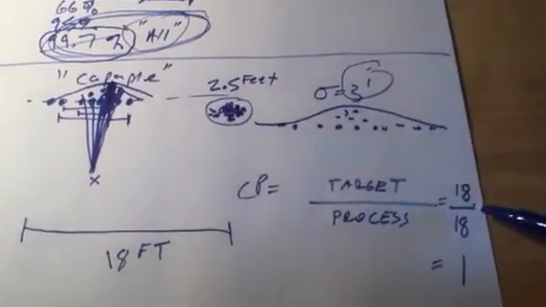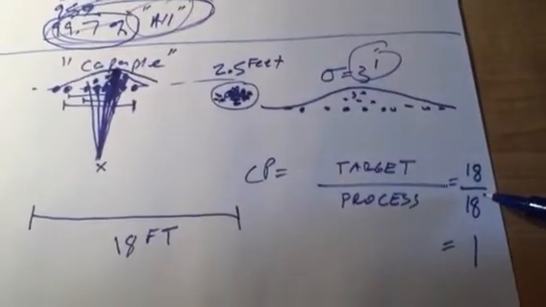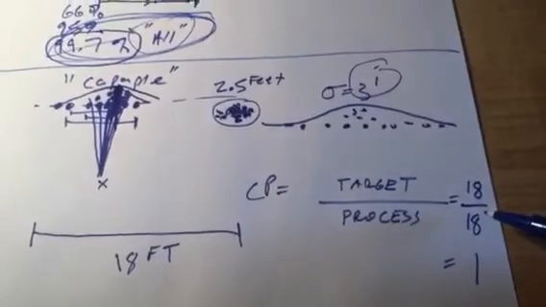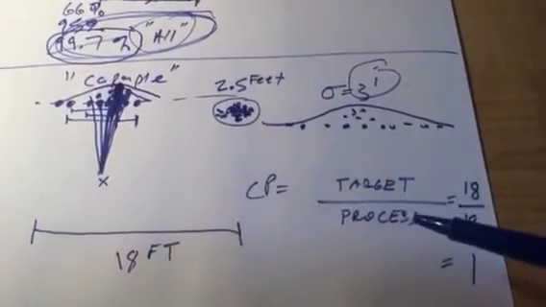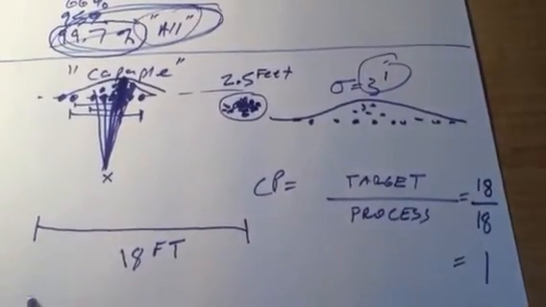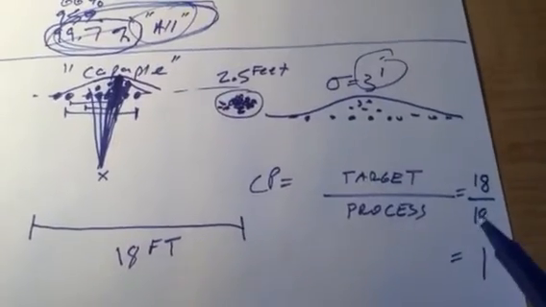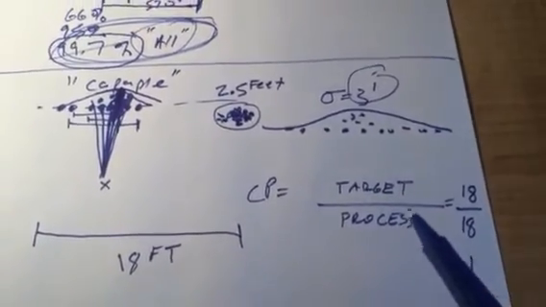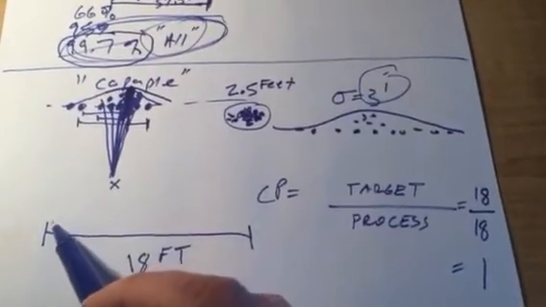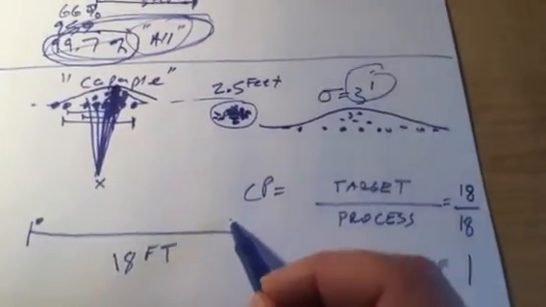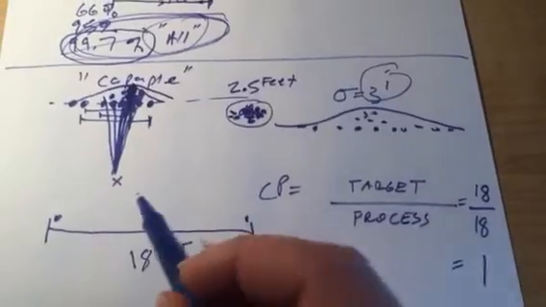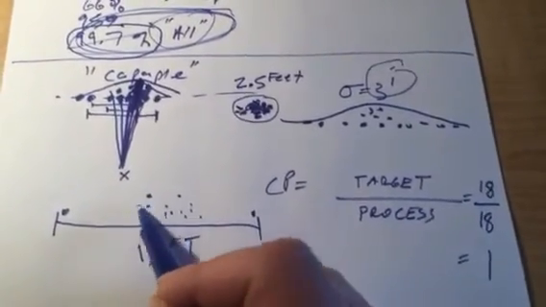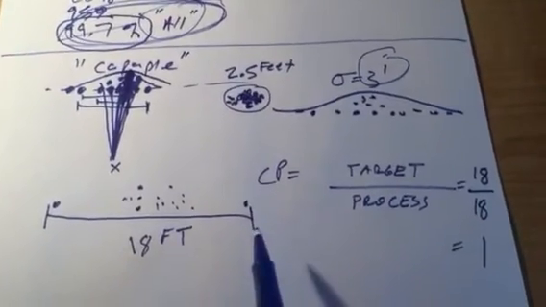So pretty much every one of our kicks is going to be between the uprights. Because the ratio is 1, and the target and the process are exactly the same width, some of the kicks are going to be really close to being outside. Most of them are going to be in here somewhere, but there are going to be a few that are right outside.